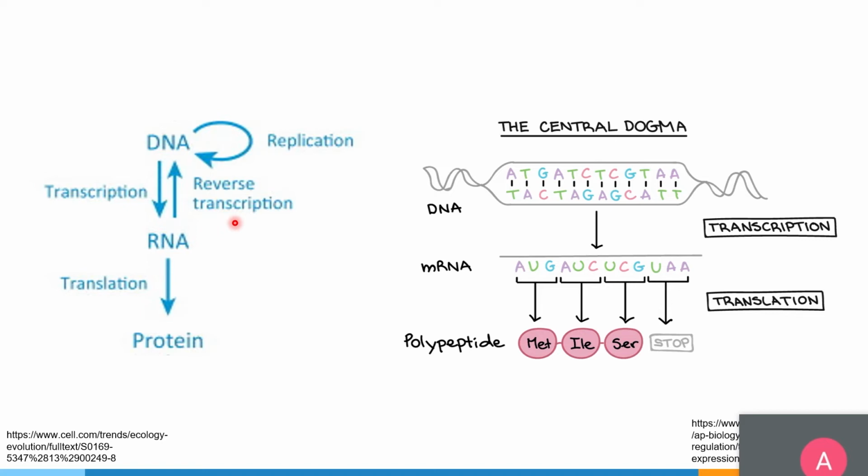But the main important point of the central dogma is that once information has traveled to the protein form, it cannot travel back up the chain, either to RNA or DNA. That is, once protein has been formed, the information cannot be transcribed or transmitted back to RNA or DNA.